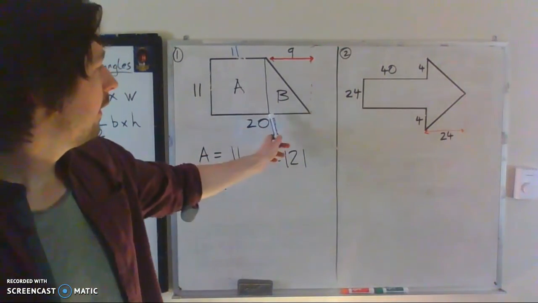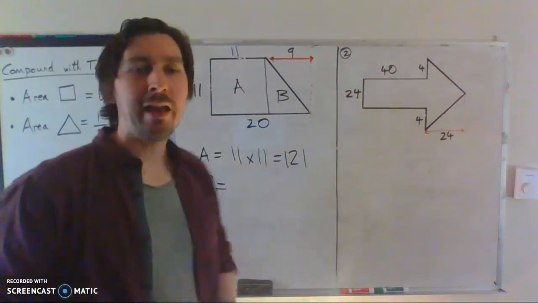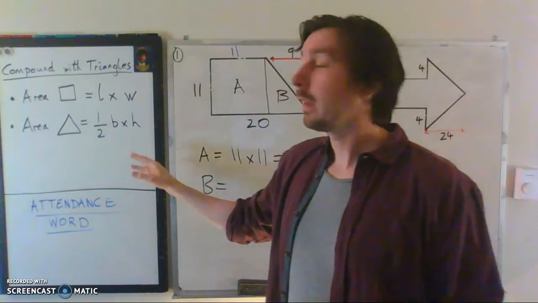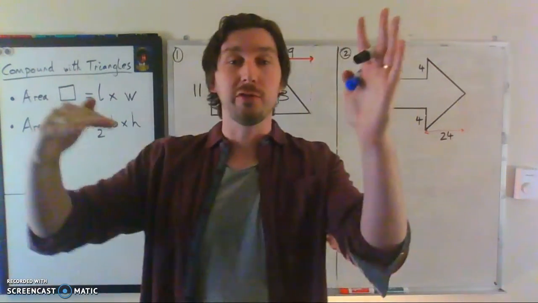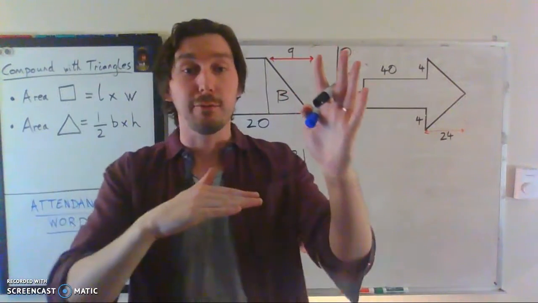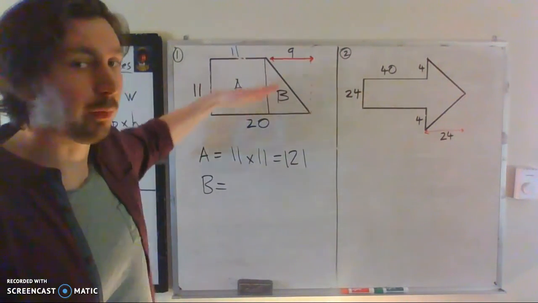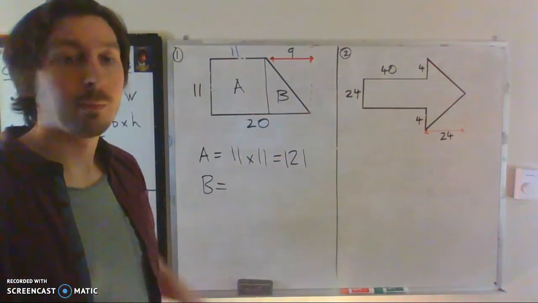I've got the base and I need the height. And if you remember, the area of a triangle is half base times height. So you're looking for the straight up and down or the straight side to side lines for this. It will never be the diagonal part. It will always be straight lines that kind of meet at a right angle.